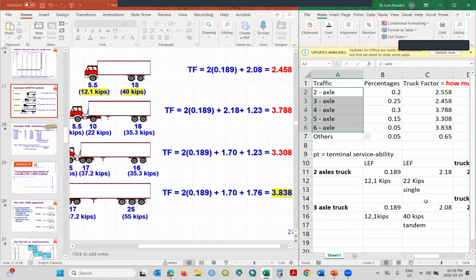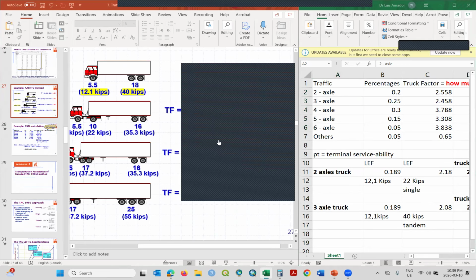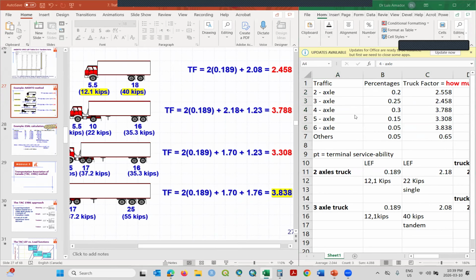Maybe somebody might want to open the microphone and tell me. 6.8. I'm not sure what is 6.8. Ah, the six axles. Yes, the six-axle truck is the one producing the majority of the damage, followed by the four-axle. Okay, correct.